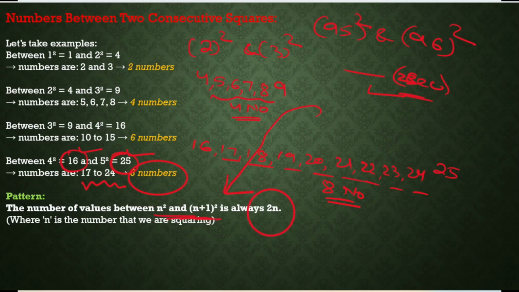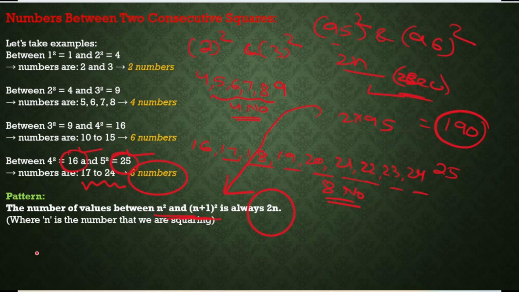So for 95 square and 96 square, n is 95. The result should be 2n, that means 2 into 95. The answer is 190. So 190 numbers are there in between 95 square and 96 square.